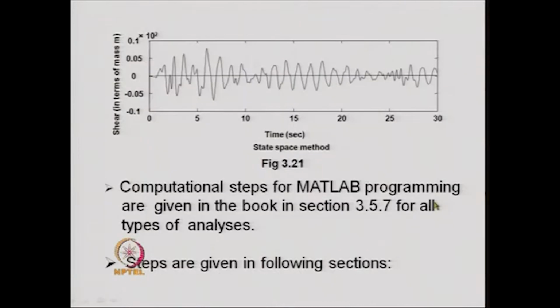Here we obtained it by the state space analysis, and here we have used the frequency domain analysis, that is, we Fourier transformed the load and obtained the responses using FFT.